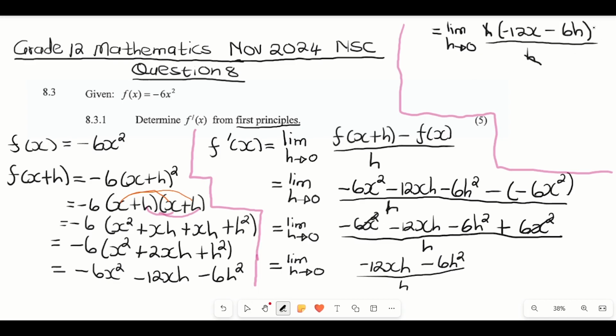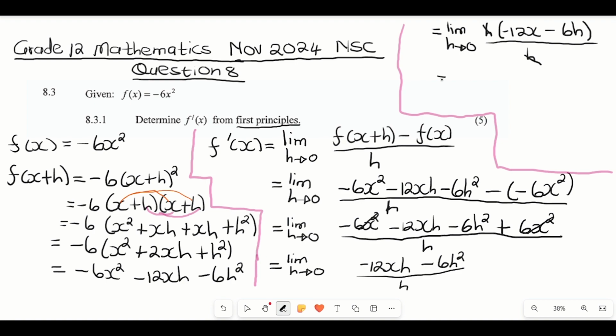So we can make this h to be 0, and if this h becomes 0, it means we end up with minus 12x minus 0. So our answer will be minus 12x because all of this will be 0.